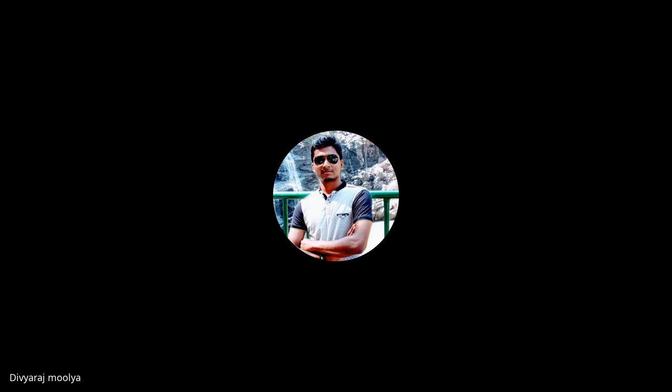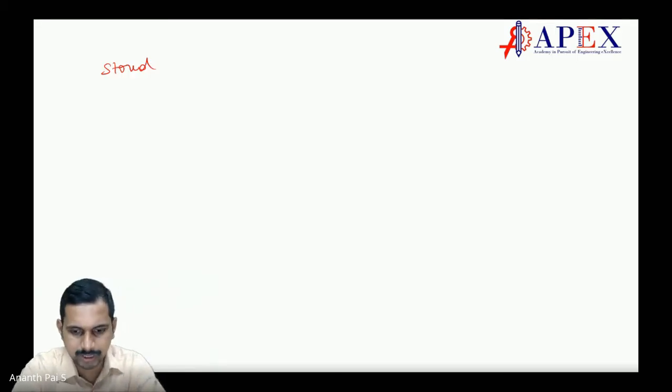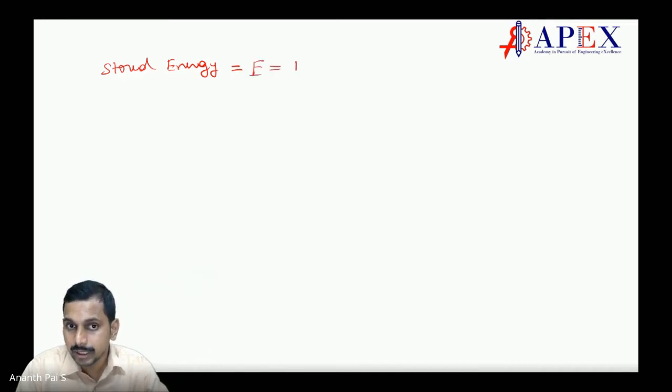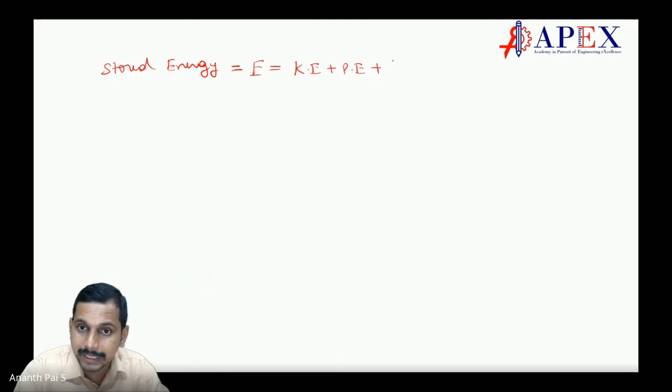So when you consider the stored energy of a closed system, E is equal to kinetic energy plus potential energy plus magnetic energy.